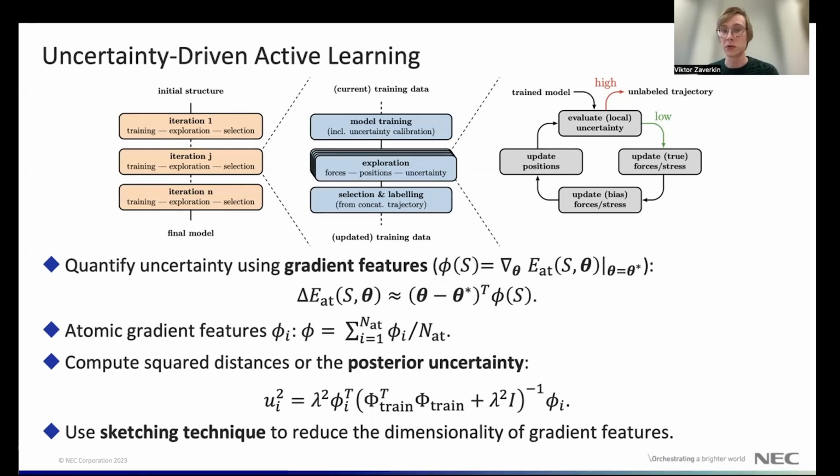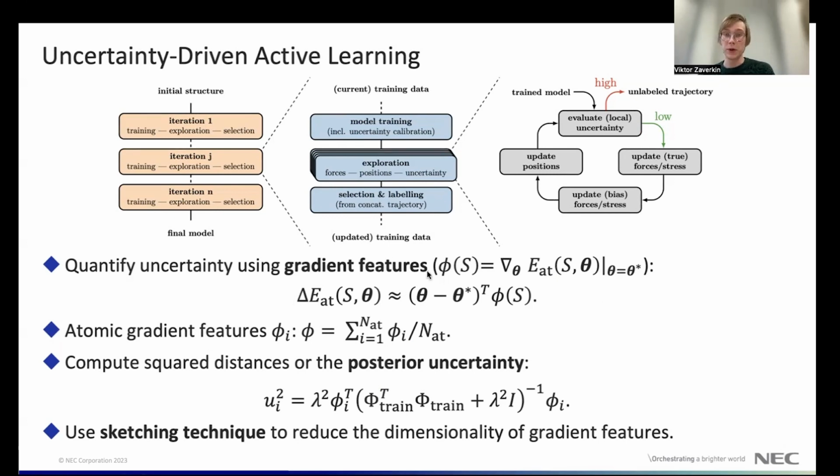What we suggest is to use gradient features here, which can be interpreted as a linear response of our model to a small perturbation in the parameters. Also, we can obtain them by, for example, expanding our energy expression into its Taylor series around the optimal parameters and get in this Bayesian linear regression here.